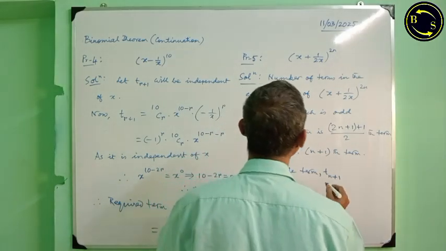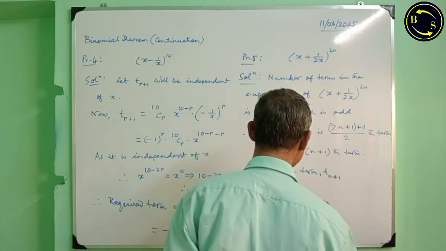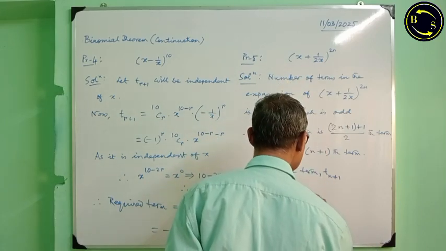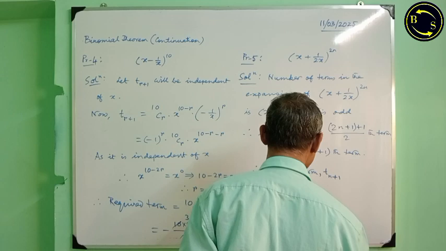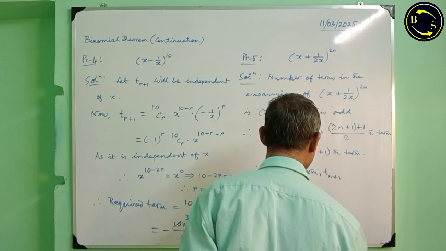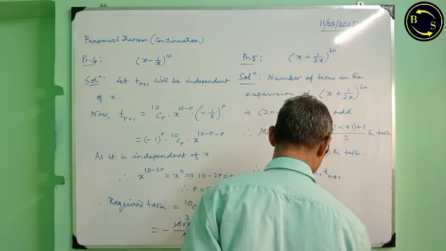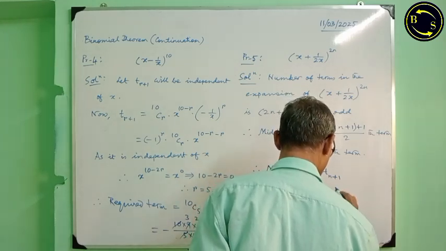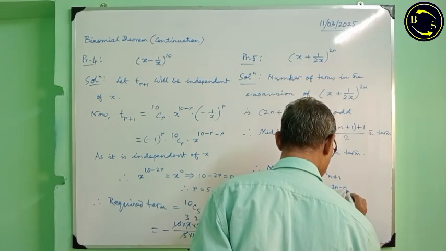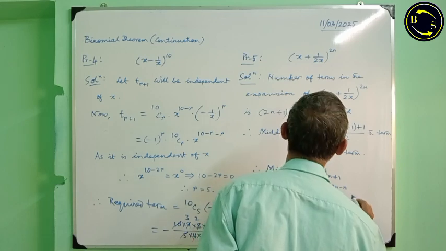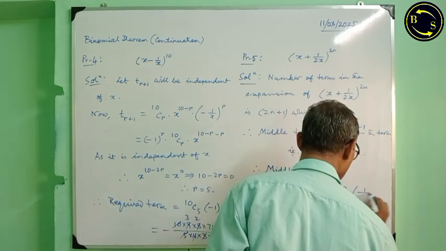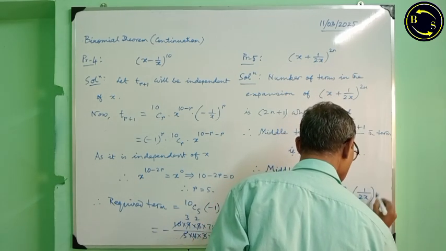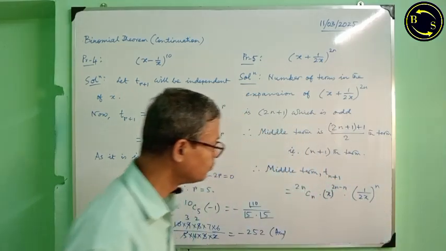Now I apply the formula. Here n is 2n, 2n C n into x to the power 2n minus n into 1 by 2x whole to the power n.